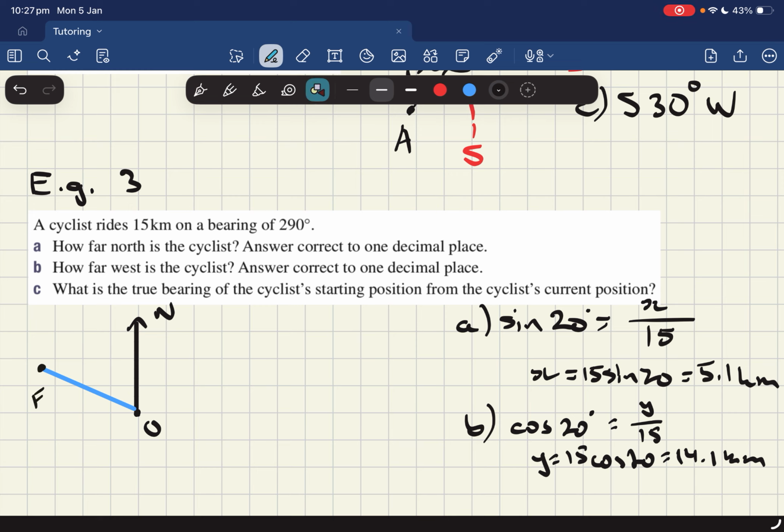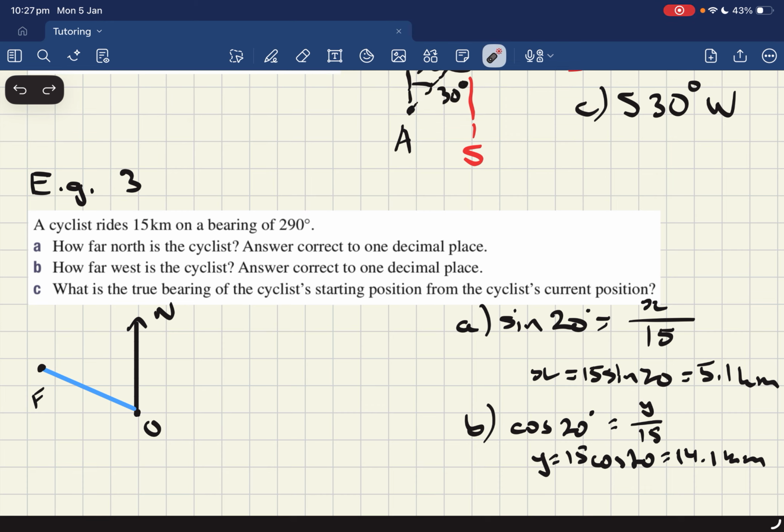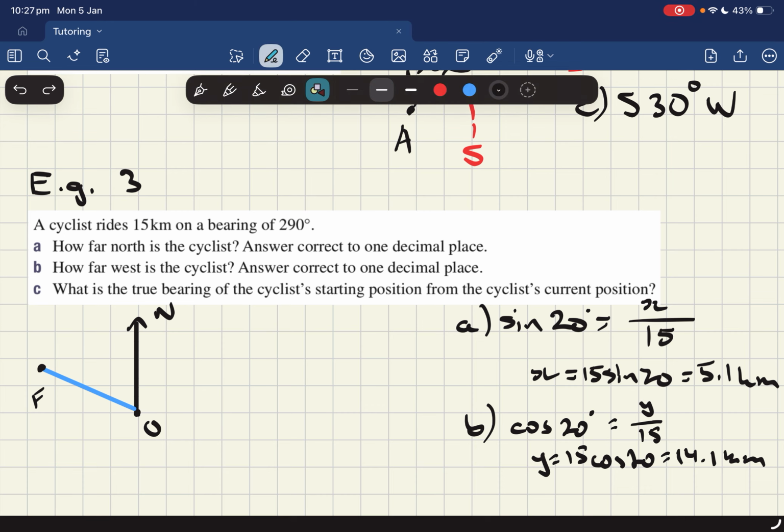It's the original and the final. Now, we have to be careful with the wording. It's the bearing of the cyclist starting from the finishing. So, because it's from the perspective of the finish, we have to draw a north from F. So, this is the north.